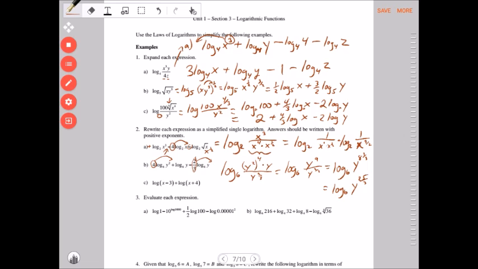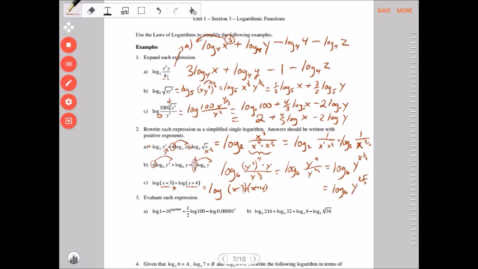Okay, so then this last one, we have an adding log. So these two arguments are just going to multiply. So this is going to equal one big log, x minus 3 times x plus 4. Now, this is interesting, because we could leave it that way, but I know what's coming.